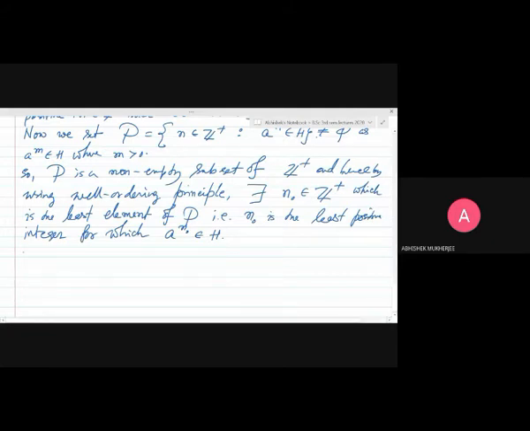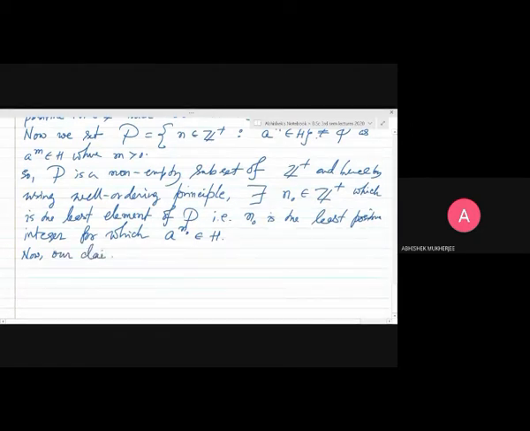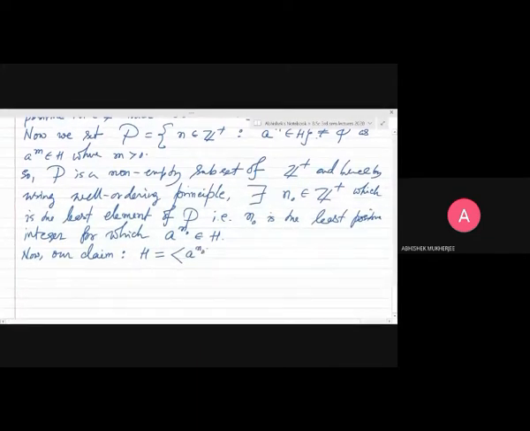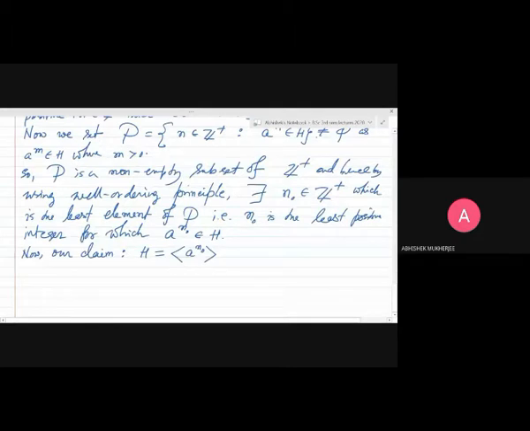Now our claim is that this H is the cyclic subgroup of G generated by a to the power n naught. So this is our claim. Okay.